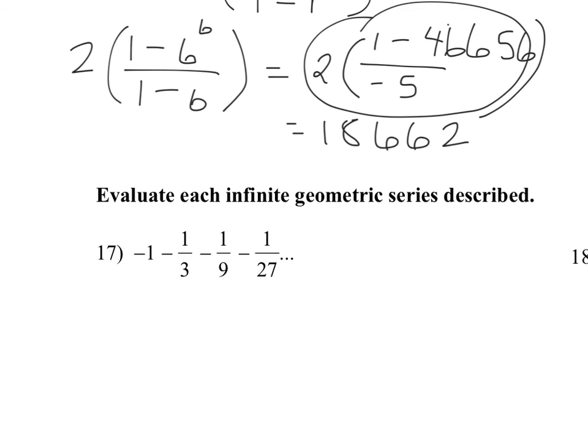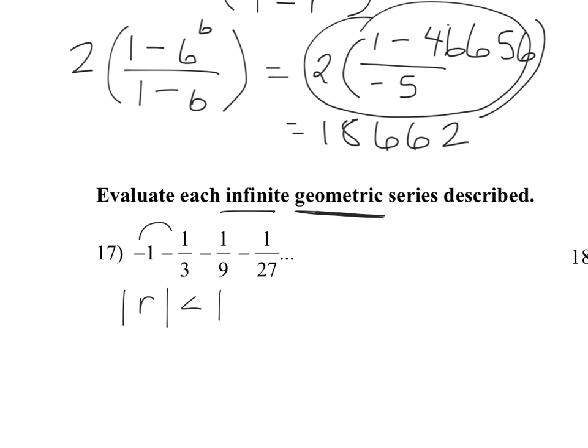Now, question 17 says, evaluate the infinite geometric series. First of all, it's got to be geometric, and it already says that it is. The infinite geometric series can only be added if the absolute value of the common ratio r is less than 1.